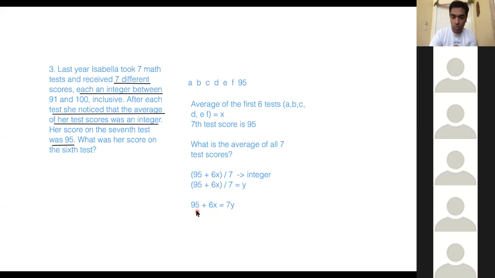So we know 95, if I divide it by 7, what's the remainder? 4. So because of this, we know that 95 plus 6x must be a multiple of 7.